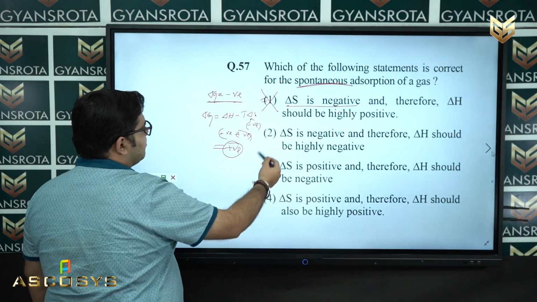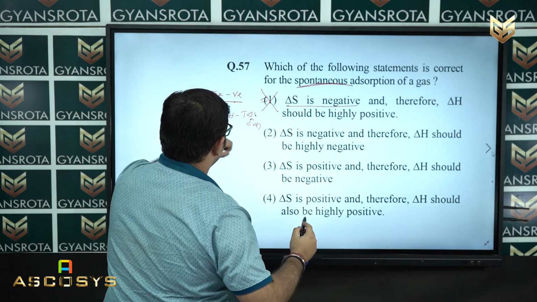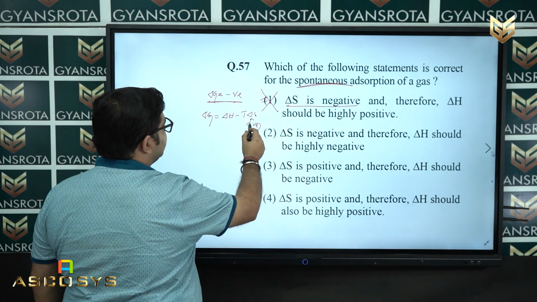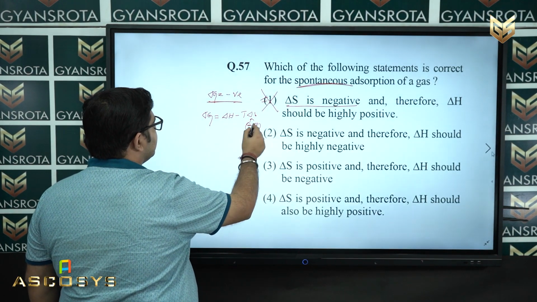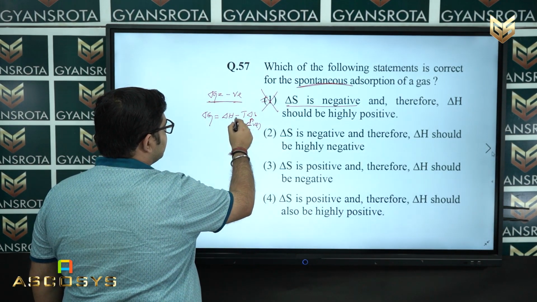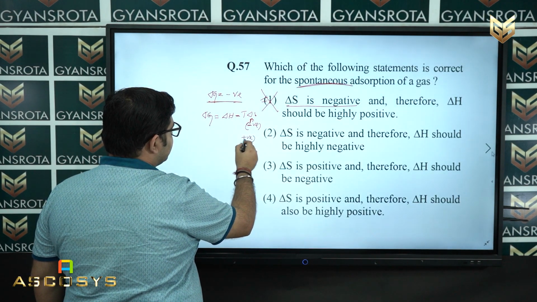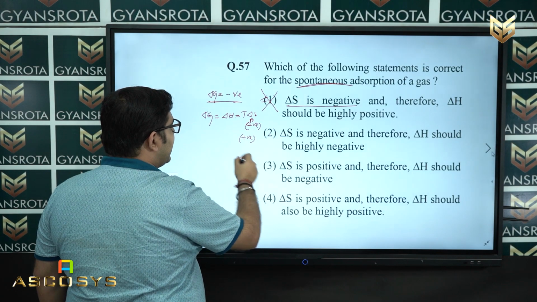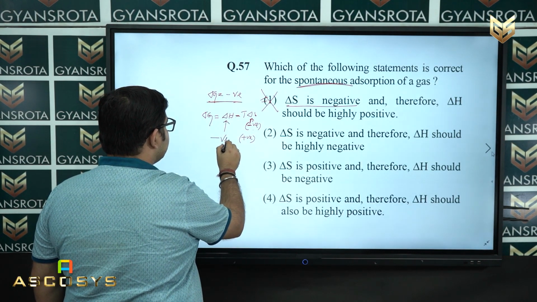Now see option number 2. They said delta S is negative. Delta H should be highly negative. Now, with the negative sign you end up with a positive term. They are saying delta H should be highly negative, so it is more negative.